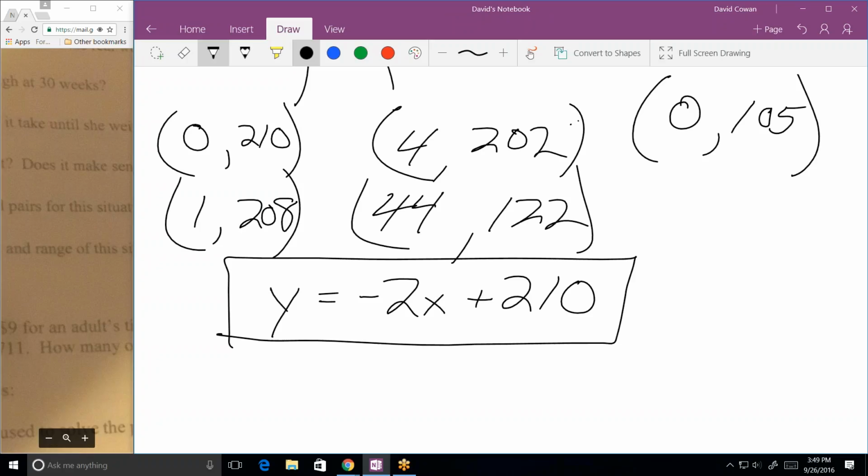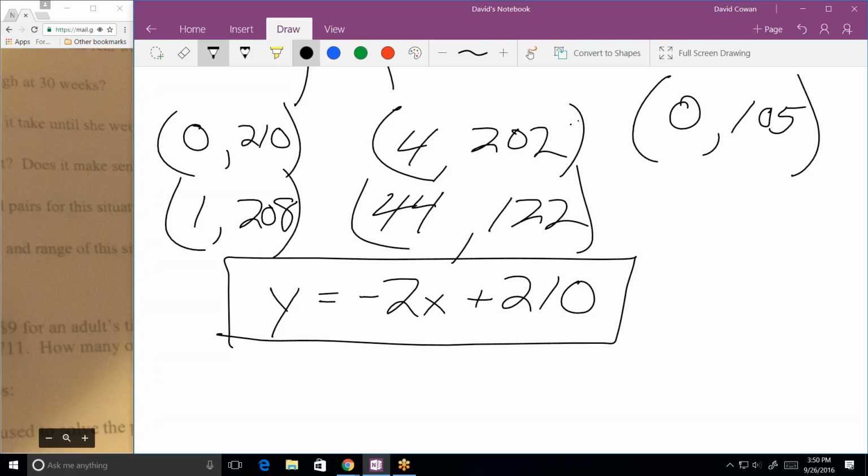And you could argue, well, it has to be a lot less than 105, but we wouldn't know where to draw that line. In other words, we don't know if it's 44 weeks or 64 weeks. Obviously, at some point, as she starts approaching 0, she's going to stop dieting or she's going to die.